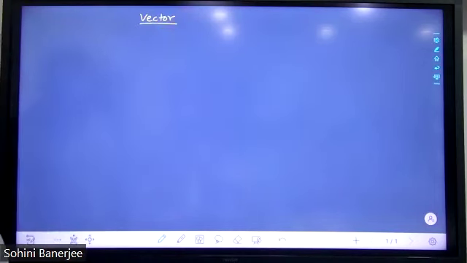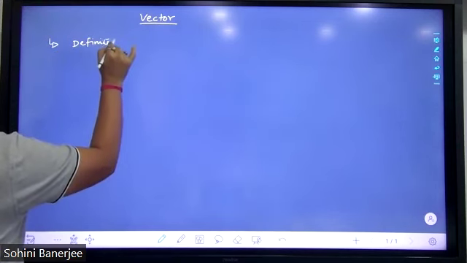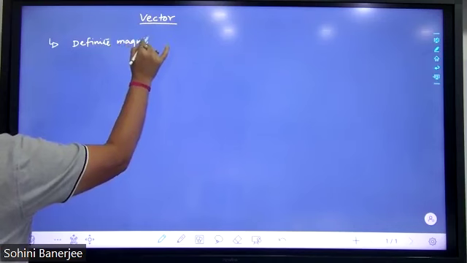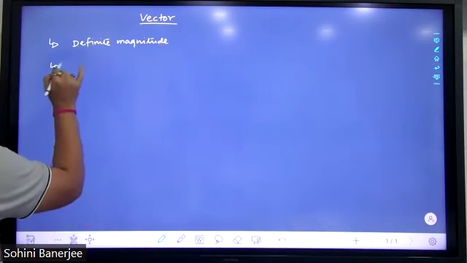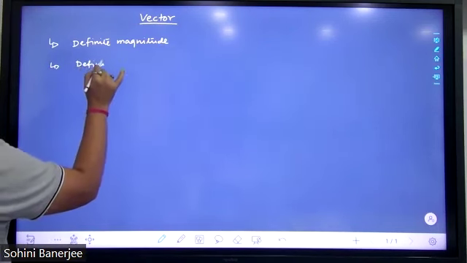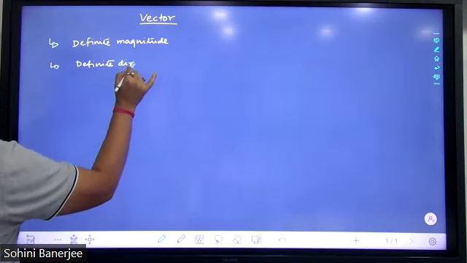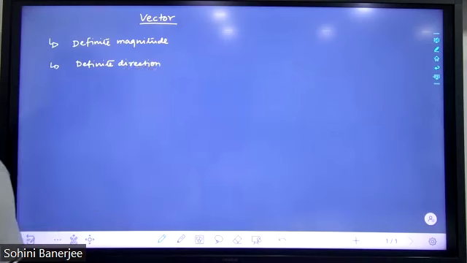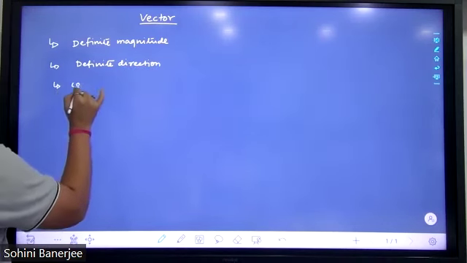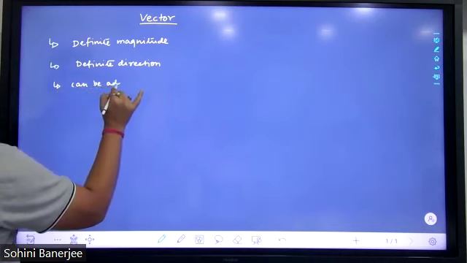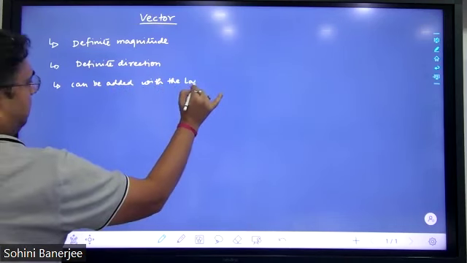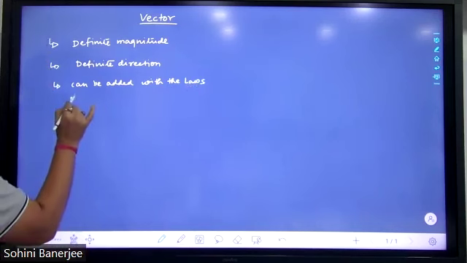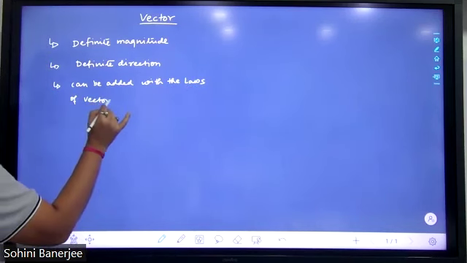So the vectors have definite magnitude, like scalars as well, definite direction, and can be added with the laws of vector addition.